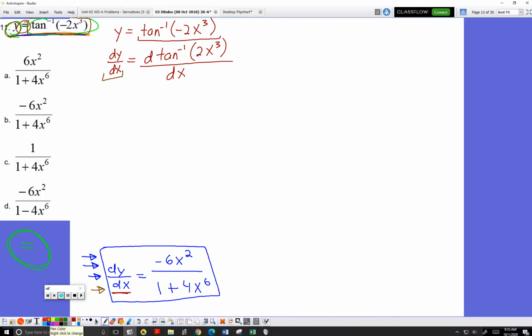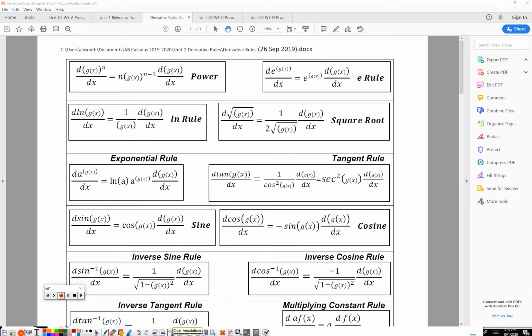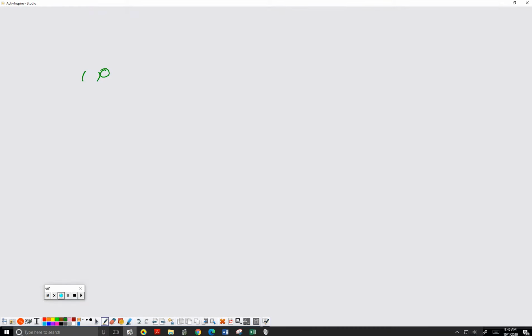So Bennett's asking, do I have to pick the multiplying constant rule, or could I pick the power rule? The reason the power rule won't work is the power rule is only designed for when you have something to some number.